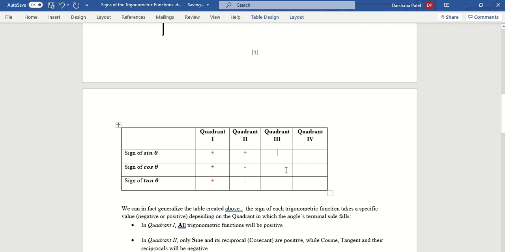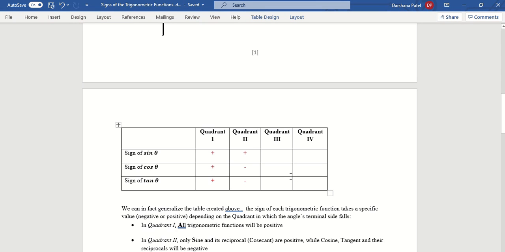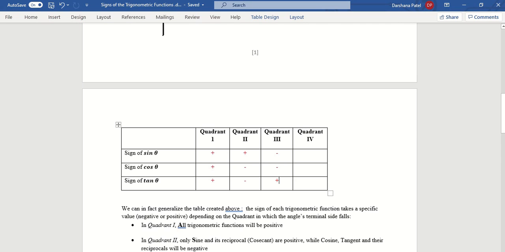In the third quadrant, sine and cos both are negative and tan is positive. So it will be negative, negative and positive. And in the last quadrant, quadrant 4, sine negative, cos positive, tan negative. So it is negative, positive and negative.